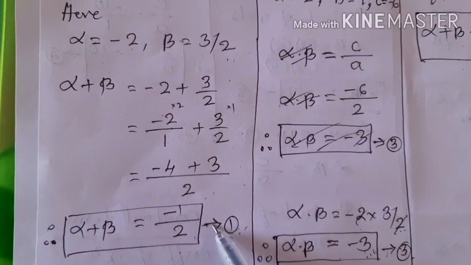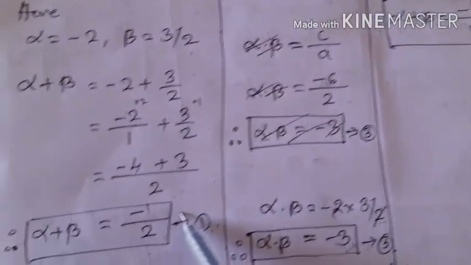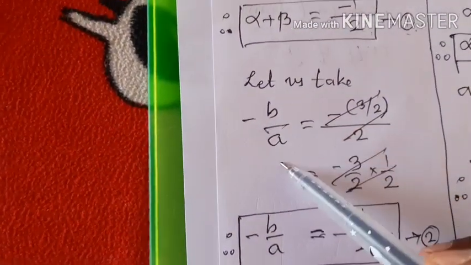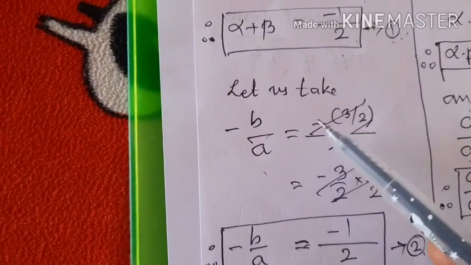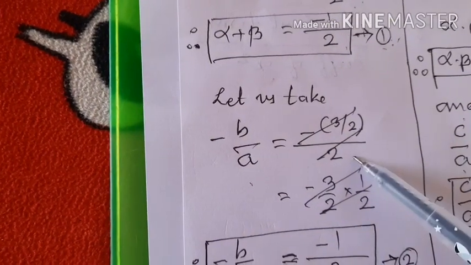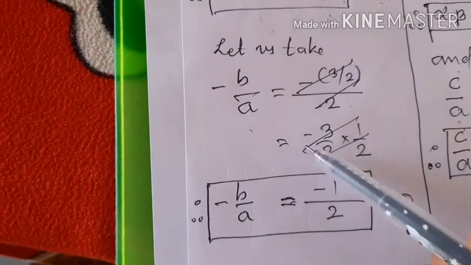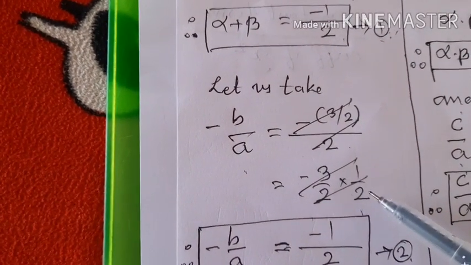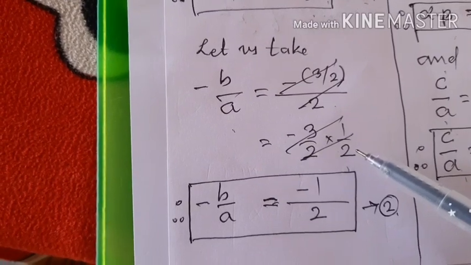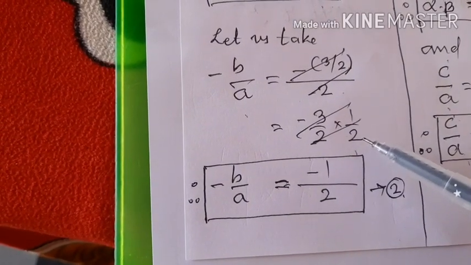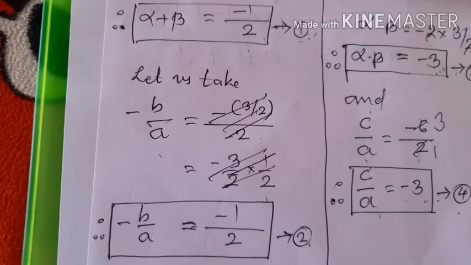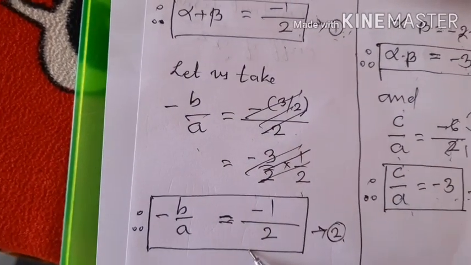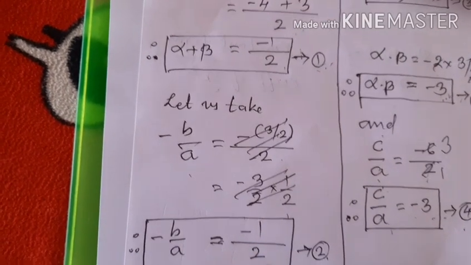The same value can be got in terms of its coefficients. How? Take minus b by a. Here, minus b by a is minus 1 upon 2.